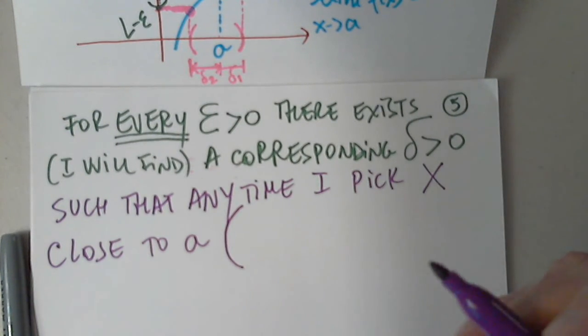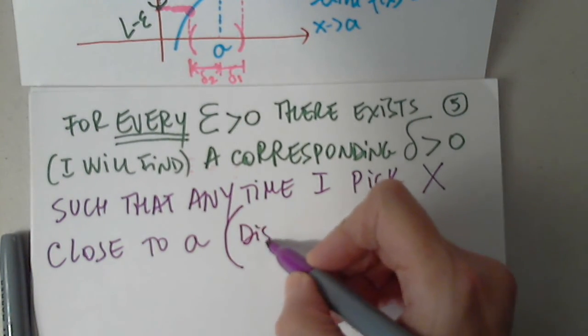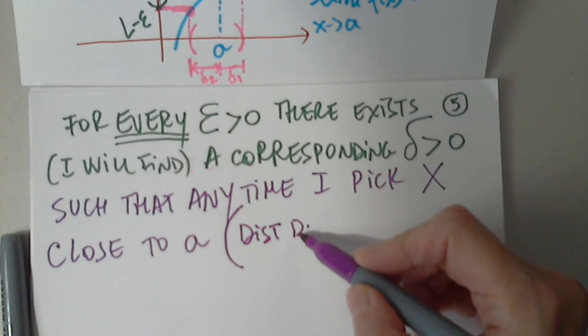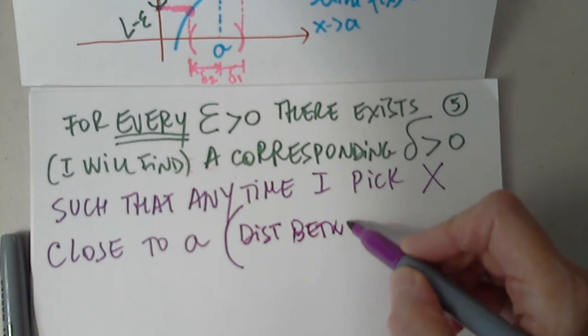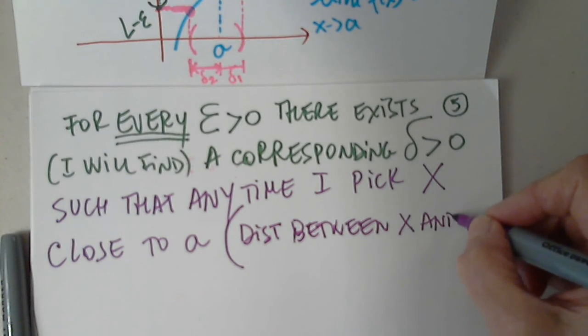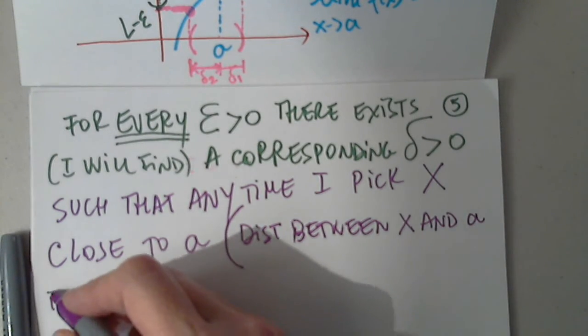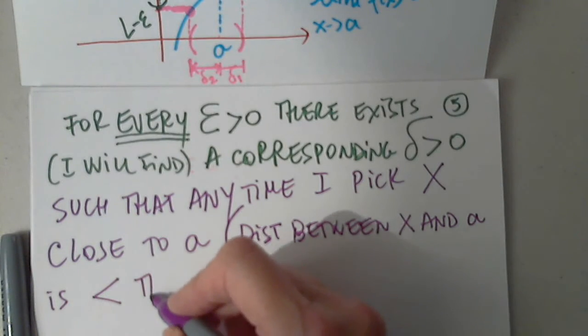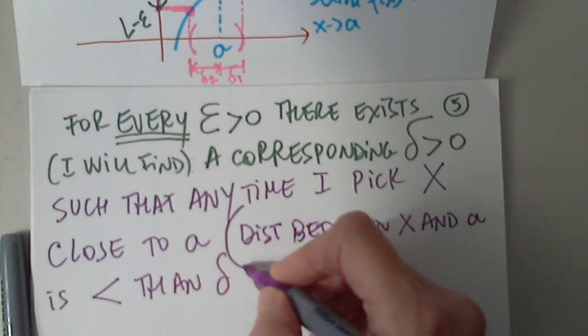I'll put in parentheses, distance between x and A is less than delta.